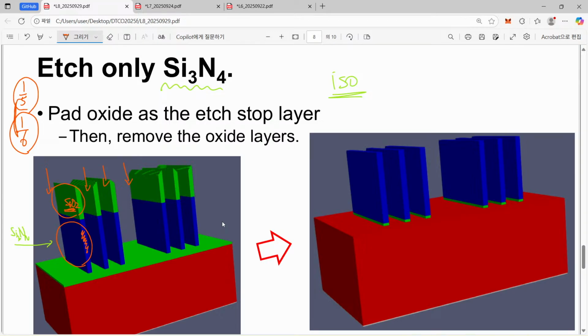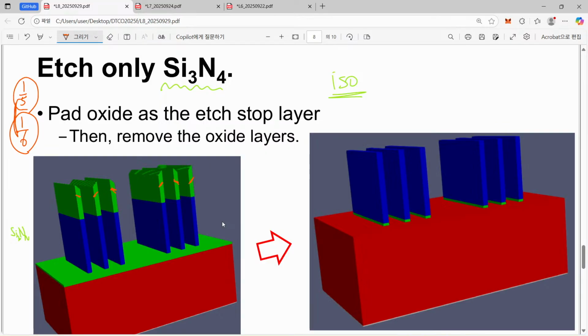This is the usual selectivity between silicon nitride and silicon dioxide. Simply speaking, in reality, starting from this relatively tall silicon dioxide, after etching is over, maybe we will have this relatively short remaining silicon dioxide pattern.